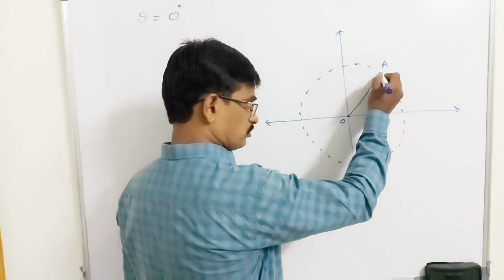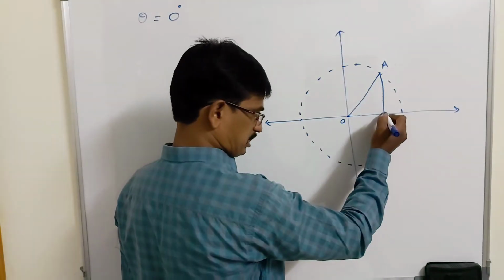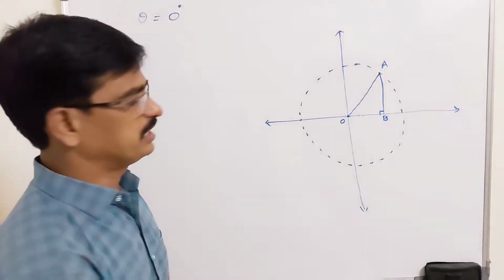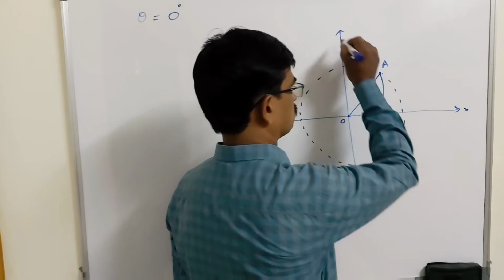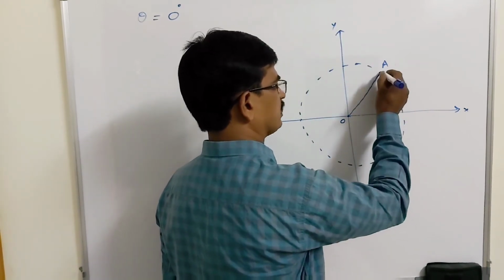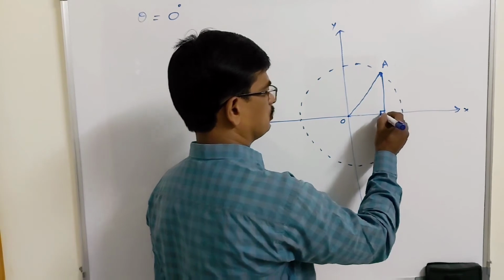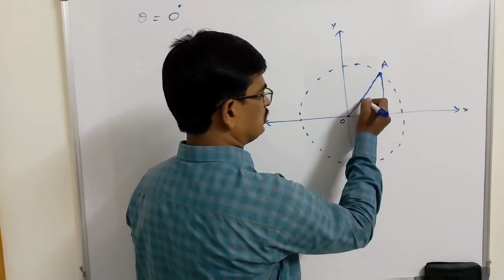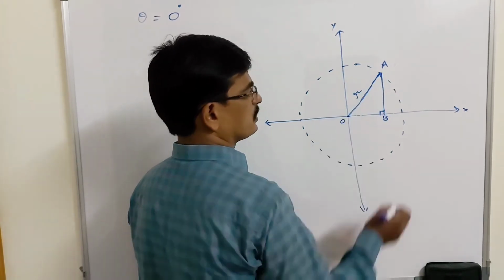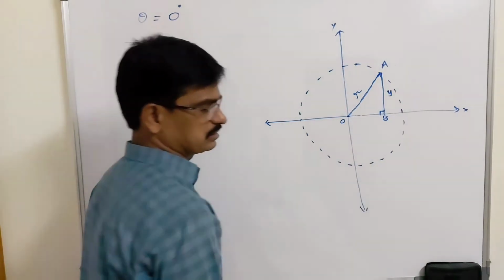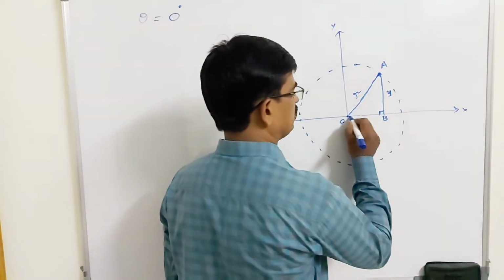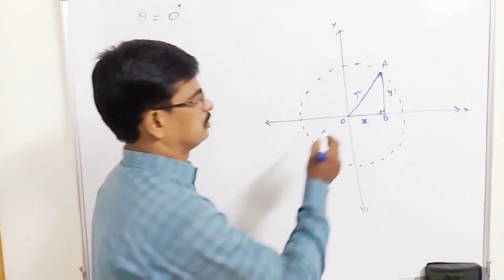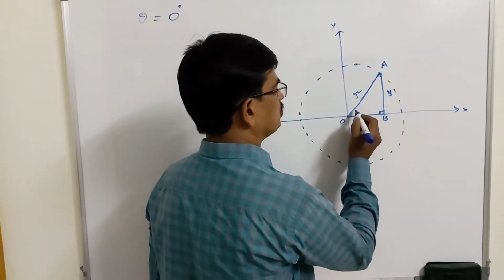From A to the horizontal x-axis, draw the perpendicular projection, that is AB. AB is perpendicular to the x-axis. This is the length of the vertical line. Now OA is the radius, the length of the vertical line is y, and the horizontal distance from O to B is x. The angle made by OA with OB is theta.